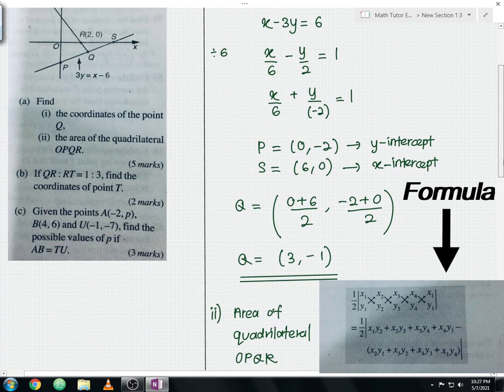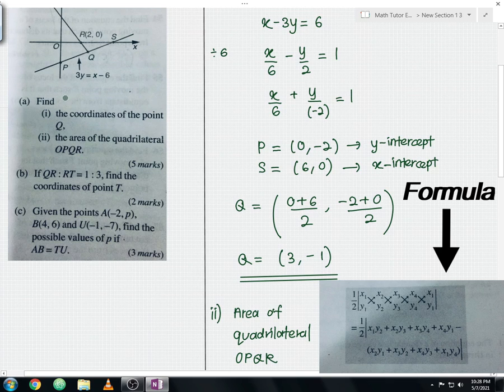You must start with a point and end with the same point, whether it is clockwise or counterclockwise, it is up to you. Since it mentioned the sequence OPQR, we are going to follow exactly the same.